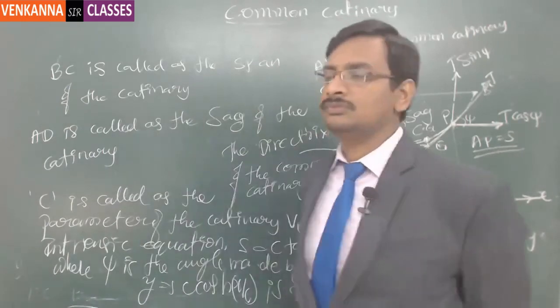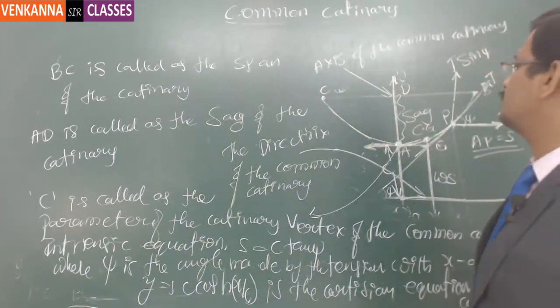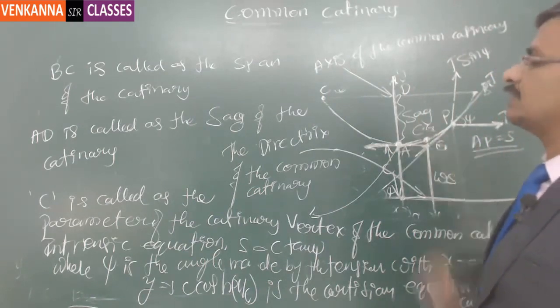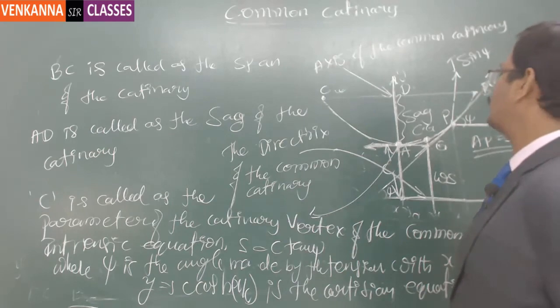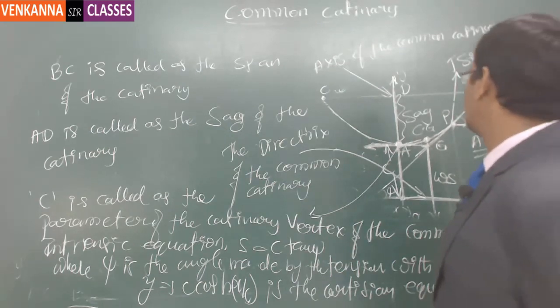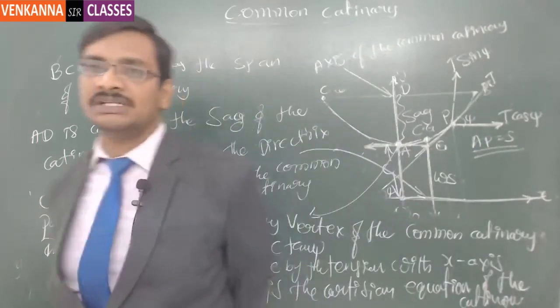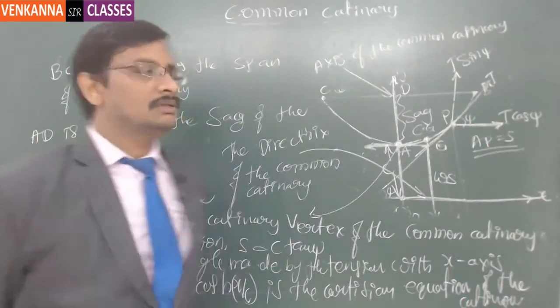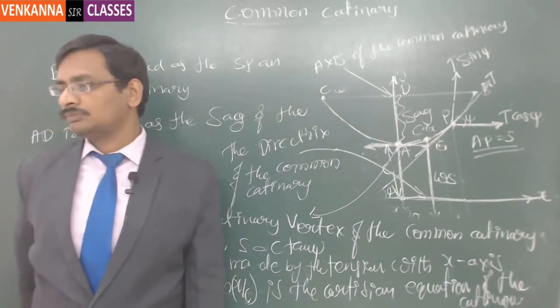Then we have other aspects, which I am going to discuss in the next class, that is, the different relations established between the tension, the parameter, S, which is the length, and the x and y values. There are different kinds of relations, which will take one complete class, so I will discuss that tomorrow.